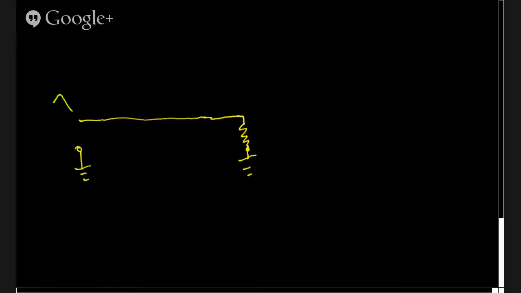If you send an AC signal down this line, if the source impedance isn't matched to this impedance over here, because it'll be like there's a resistor over here. It's imaginary. If this isn't matched well to this, you can have a standing wave ratio where some of the power, instead of being dissipated in this load, gets reflected back.